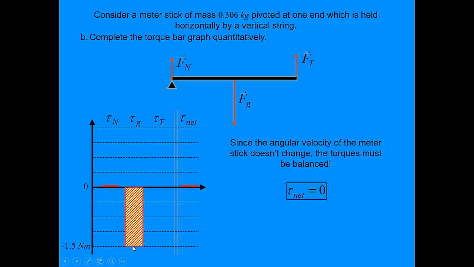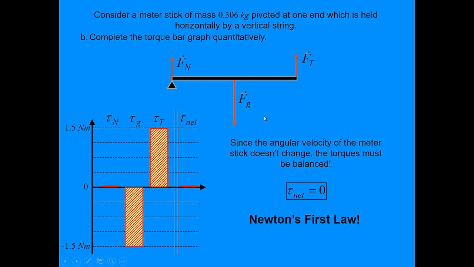And if there were 4 boxes, or negative 1.5 Newton meters of torque due to gravity, then there's got to be 4 boxes but positive, or positive 1.5 Newton meters of torque due to the tension. You might be able to see the equation we would write out here, much as we do in cases of balanced forces. But we'll get there.